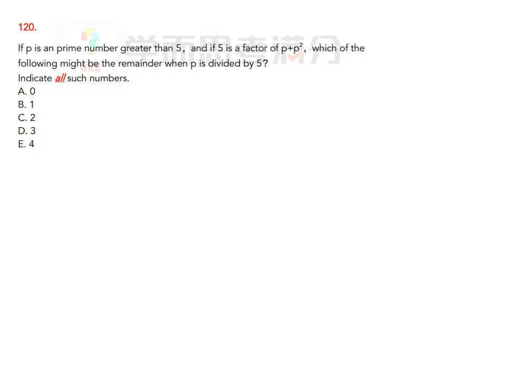We can write it as p, within parentheses, p plus 1. So p and p plus 1 are two adjacent numbers and their product is a multiple of 5. That is, p is a multiple of 5 or p plus 1 is a multiple of 5.